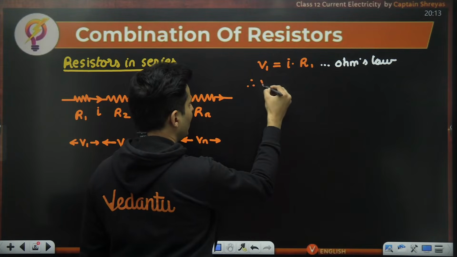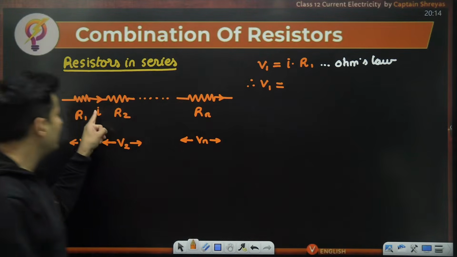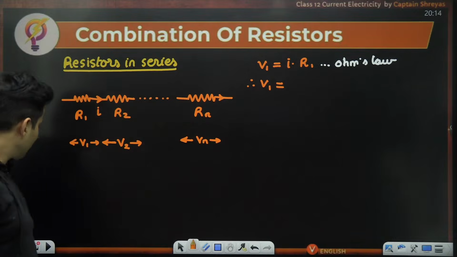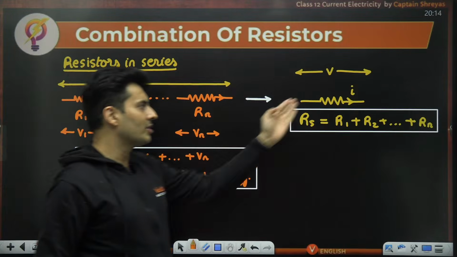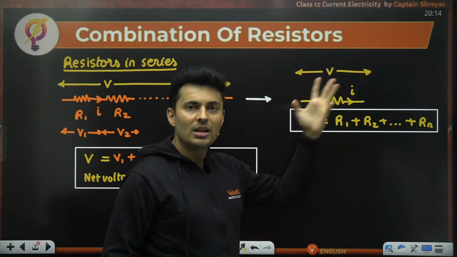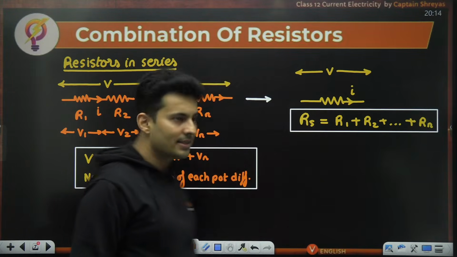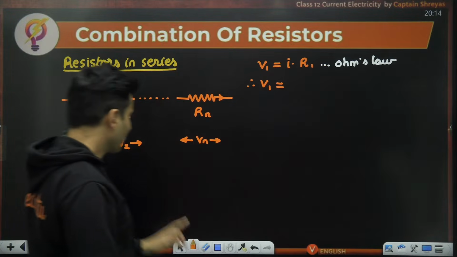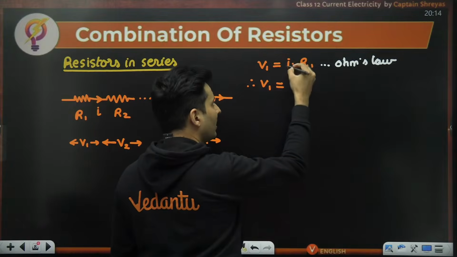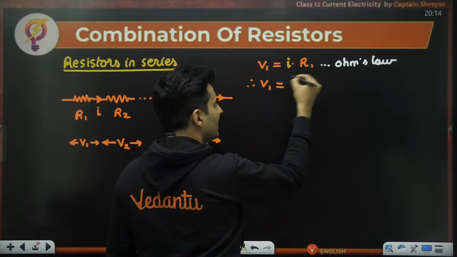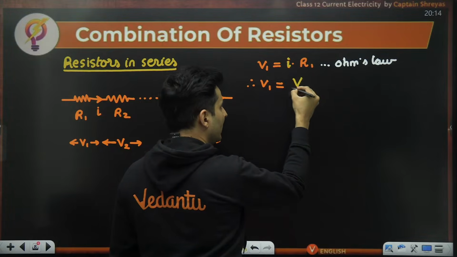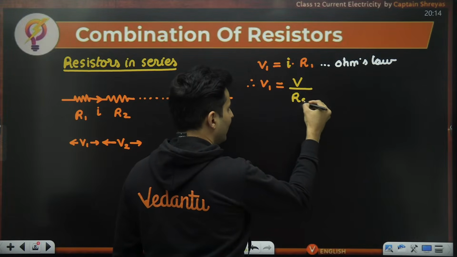If you think carefully, you will realize this current is passing through all the resistors, also through the equivalent resistance. So think logically, this current is the total voltage by the total resistance. Isn't that right? This particular current which you see over here is nothing but the total voltage divided by the total resistance.